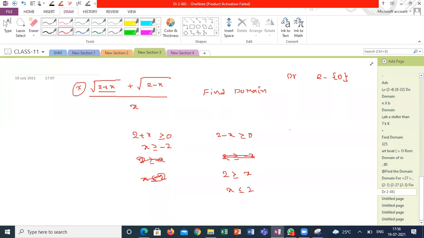So I can write like this, guys. R minus the intersection of these two, except 0 everything, but here in between 2 and minus 2.